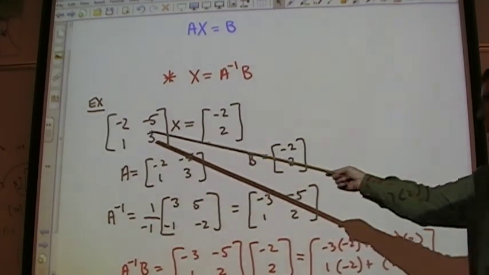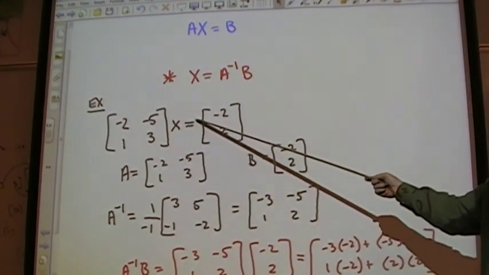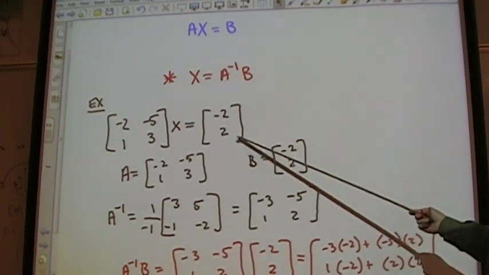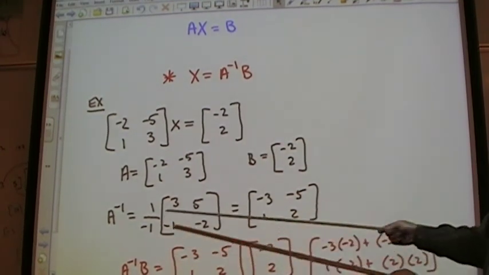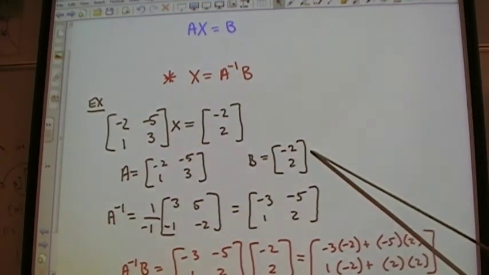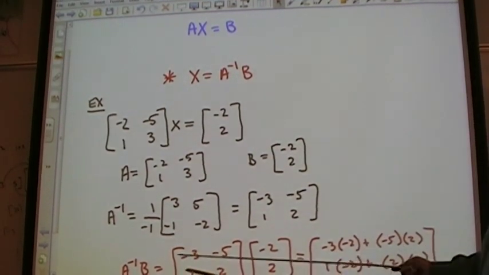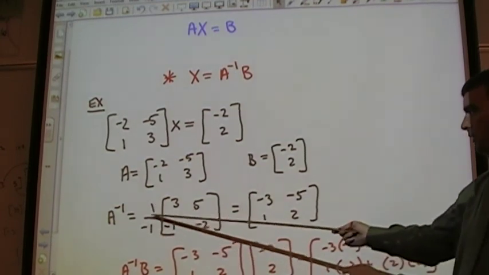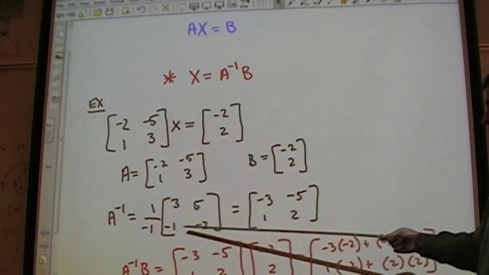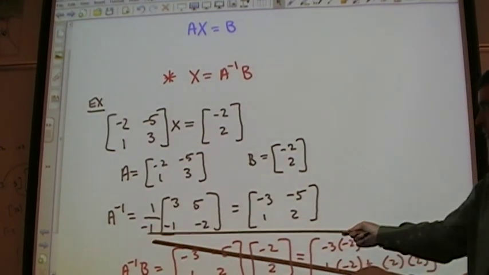So here if I have this matrix times matrix X equals this matrix, solve for matrix X. I labeled this A and this B. Then I found the determinant of A. Determinant of A was -1.